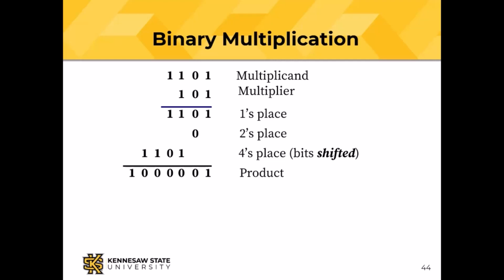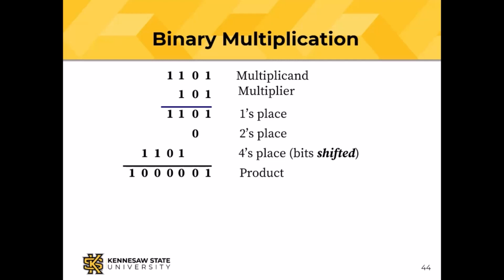So that's where the thing labeled ones place comes from. 0 times 1101 is 0. And the 0 is shifted one place to the left. And now we have a 1 times 1101. That's another 1101, and it's shifted one more place to the left.